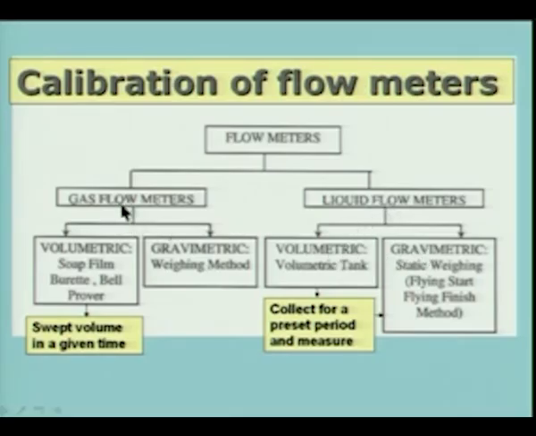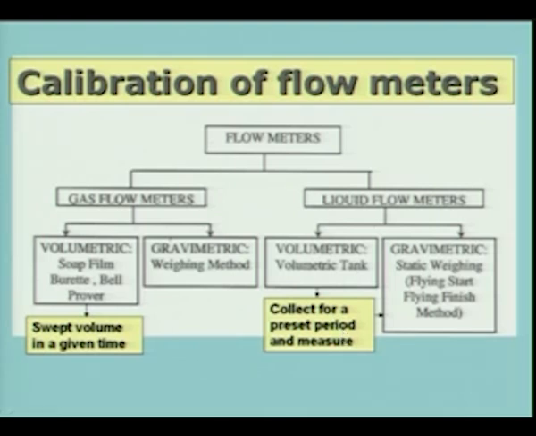If you look at the flow meters, the difference between liquid and gas is that liquid can be collected easily and measured. That is what I am doing here. I am collecting the liquid for a certain length of time in a tank whose volume I can easily measure.